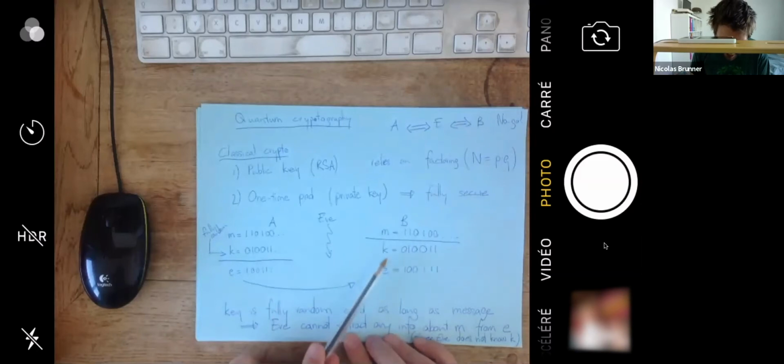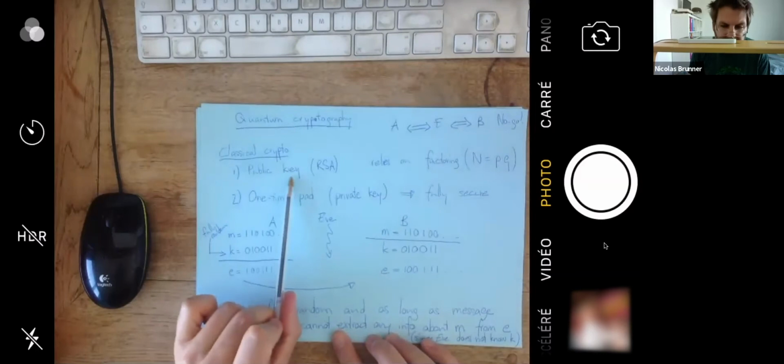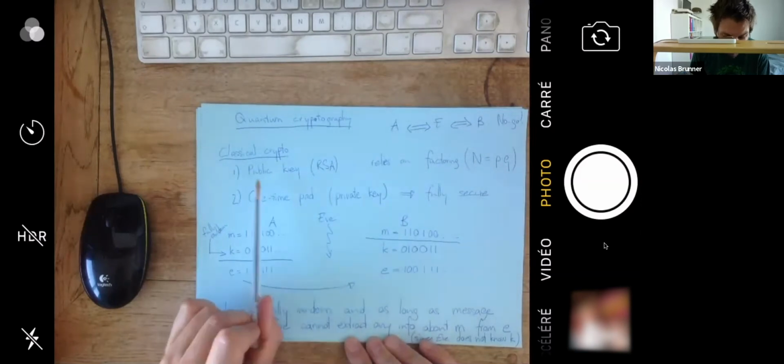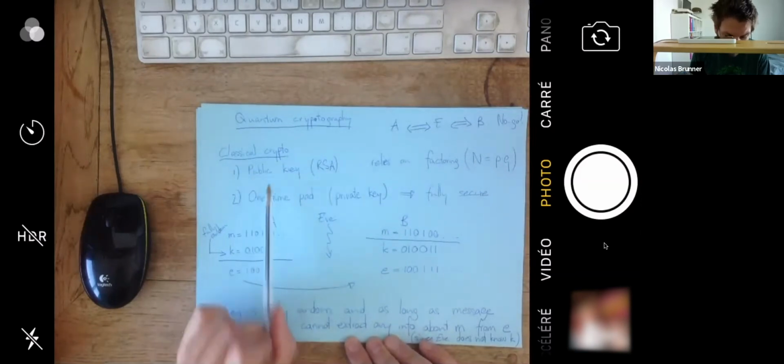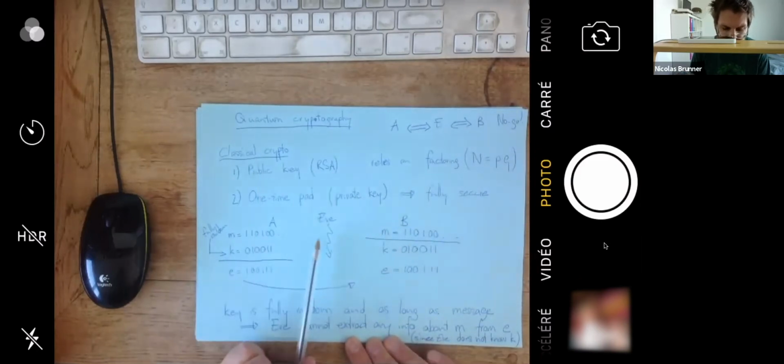So now we have identified what is the main problem of the one-time pad. It's the distribution of the private key. Now, notice that this is not a problem in public key cryptography. There, you don't need to have a private key because the key is public. The provider can send out the safe in which you put the message.